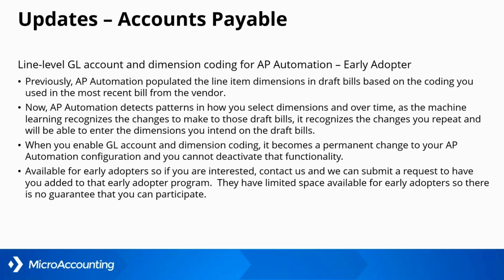It will more correctly code your bills for you. So with AP automation, it's trying to minimize what you have to manually type in by pulling from that last bill, or, as we start seeing this rolled out, learning those patterns in how you code those bills so that it can code them for you. Then you're just doing a final review and posting the bill.